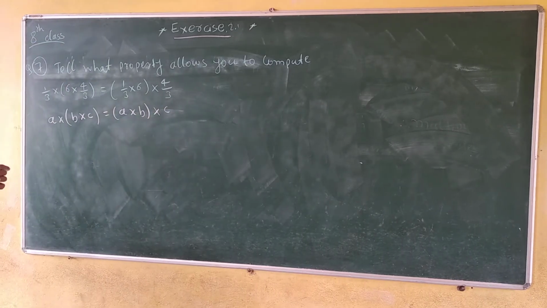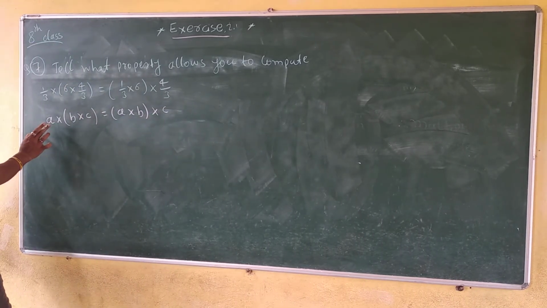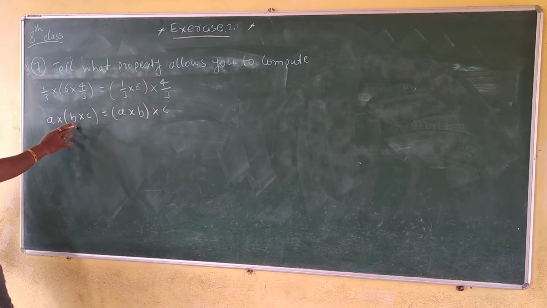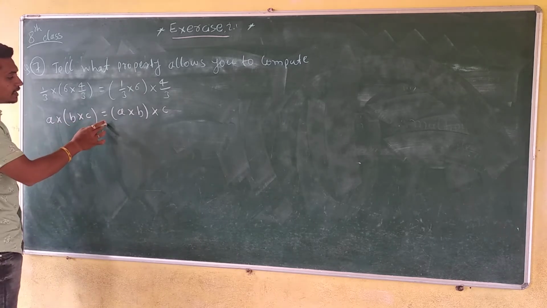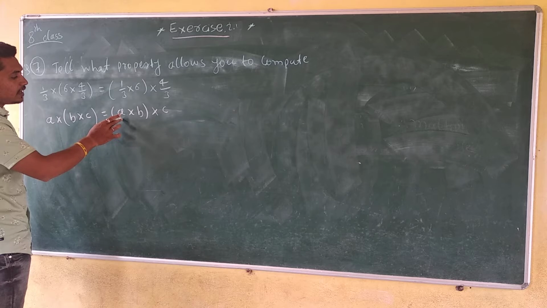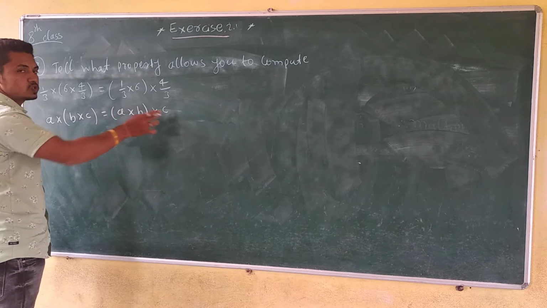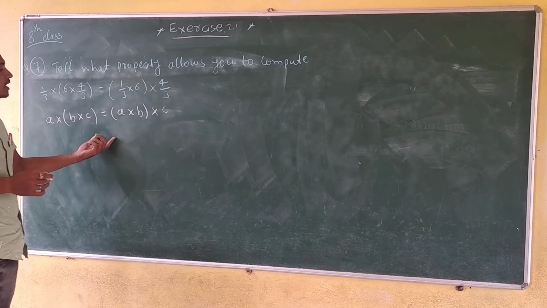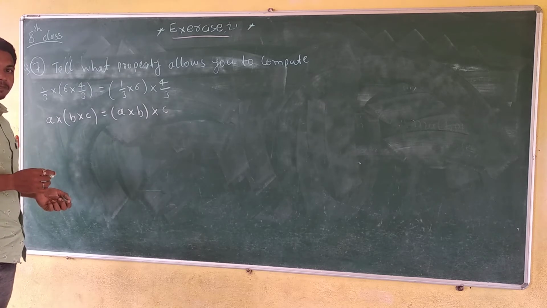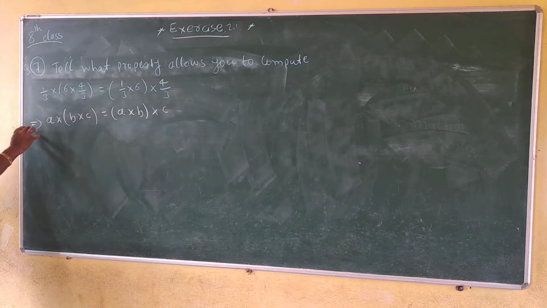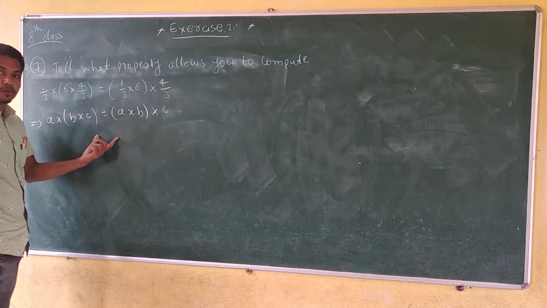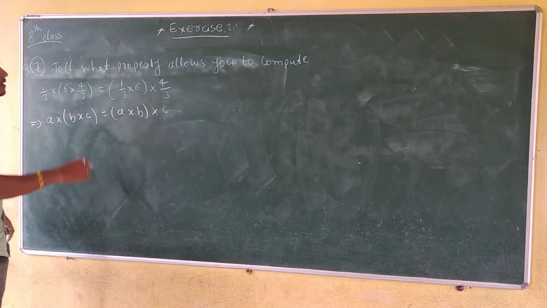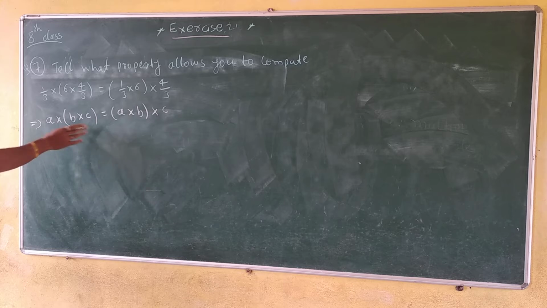So now you come to know that a into (b into c) is equal to (a into b) into c. Which property is it, commutative or associative? Yes, it is the associative property.